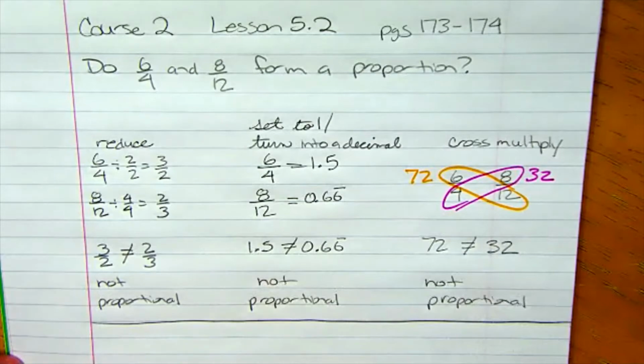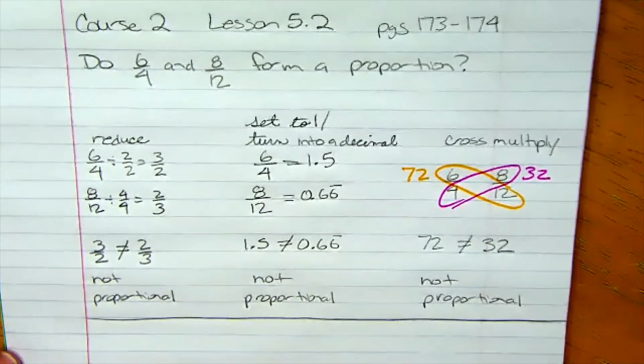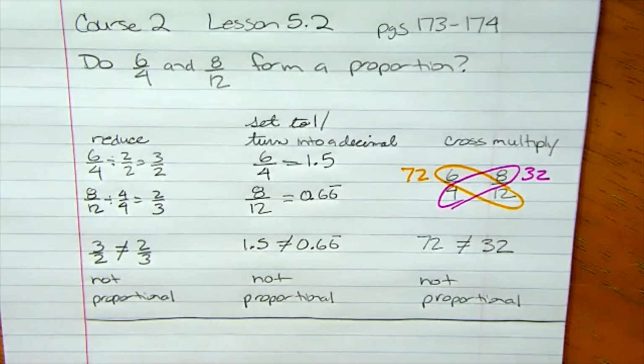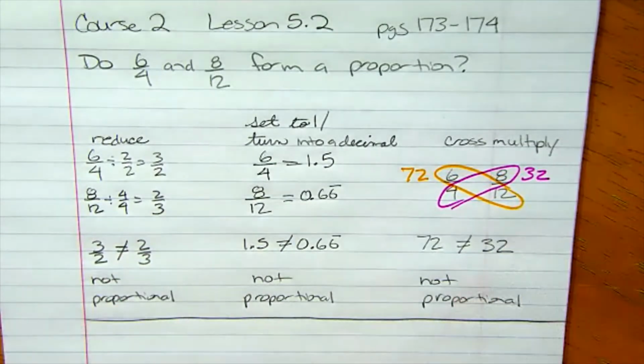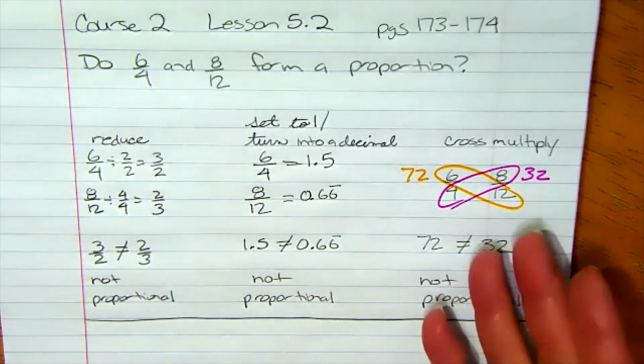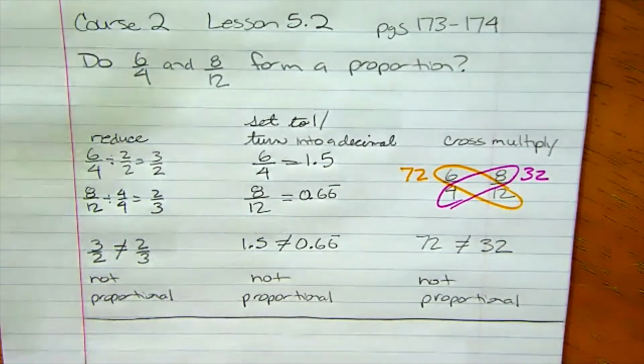All three of these can be used to determine whether numbers are proportional or not. And it's good to know all three because sometimes it makes sense to reduce or to turn something into a decimal, but not cross multiply. And sometimes it's easier to cross multiply than it is to reduce. So it's good to know all three methods.